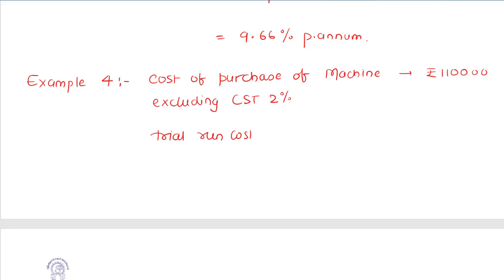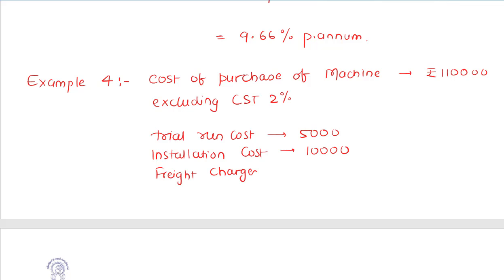Trial run cost is 5,000. Installation cost is 10,000. Freight charges are 4,000.